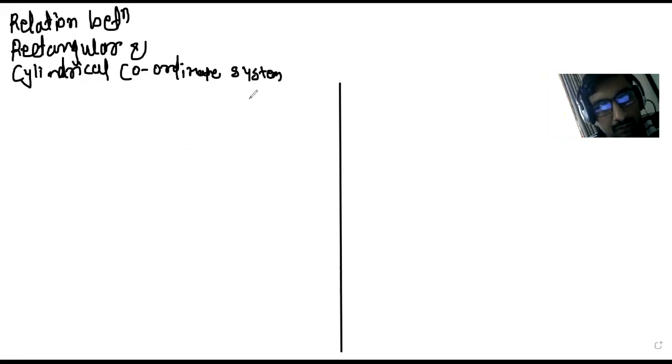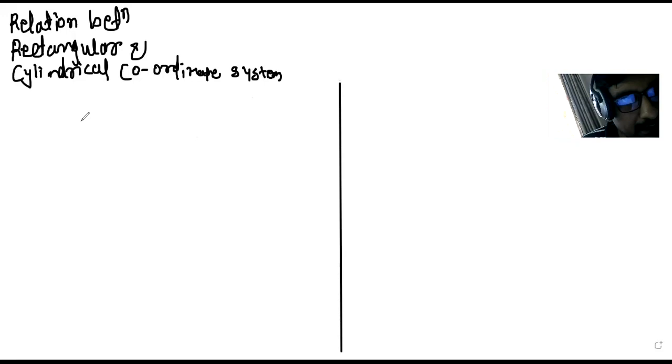As of now, it's not a part of the syllabus, but we should still know the relationships between those coordinate systems. So first, if the point is given in cylindrical coordinate system and you want to convert that point into a rectangular coordinate system, what relations can you use?